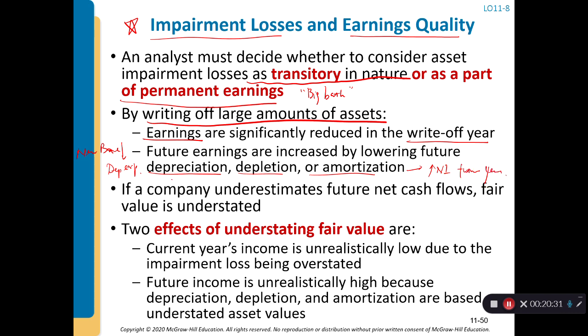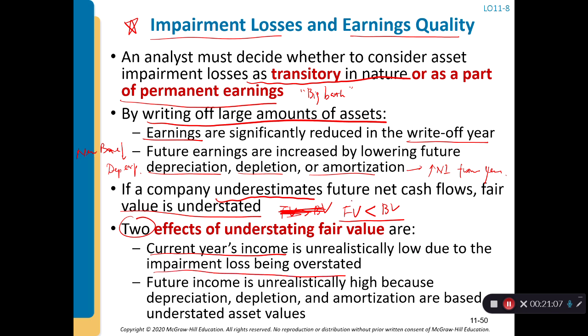On the other hand, if the company underestimates the future net cash flow, the fair value is underestimated. That means the book value could always be bigger than the fair value. And there are two effects of underestimating fair value. If you underestimate the fair value, you are more likely to record impairment, and the current year's income is unrealistically low due to the impairment loss.